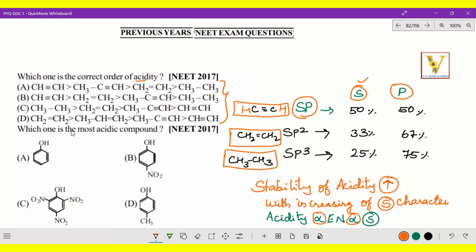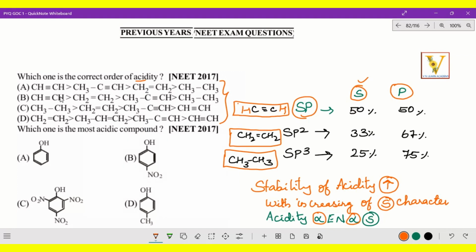Now which is the correct option? As you are observing, here double bond, triple bond; here triple bond, double bond and single bond; whereas here triple bond, and here double bond and here triple bond, it is mixed matching, not a proper order. And then here single bond, double bond, triple bond, triple bond.